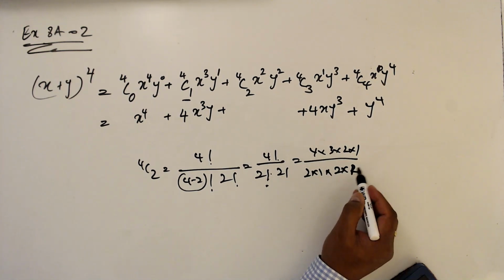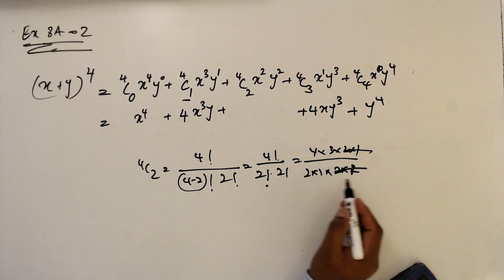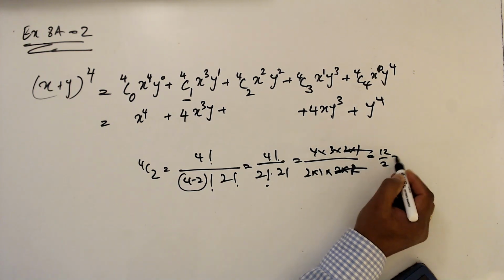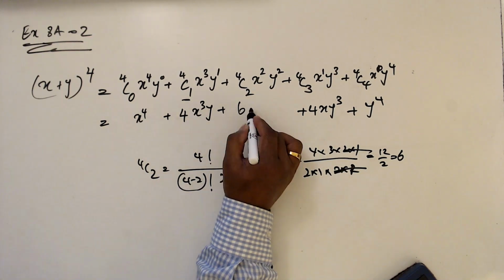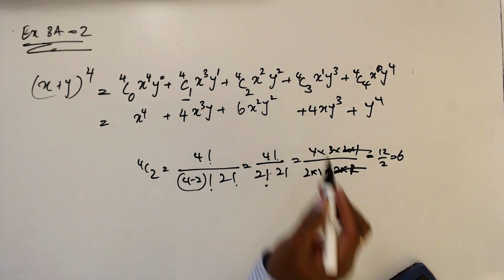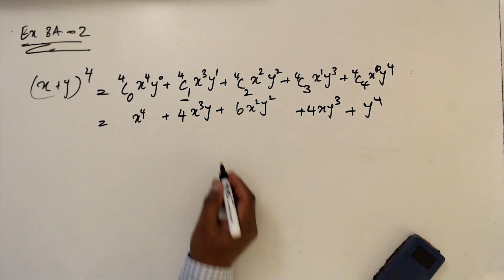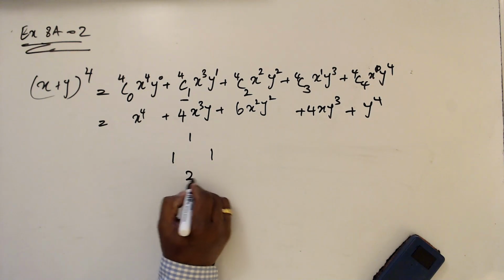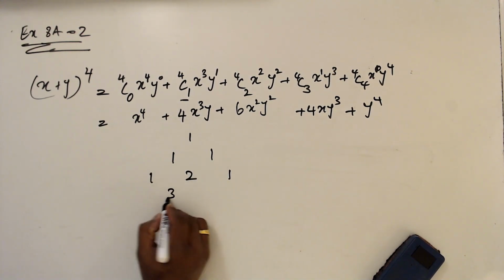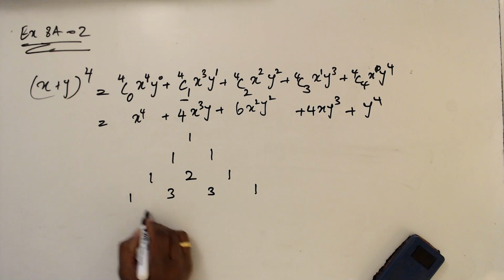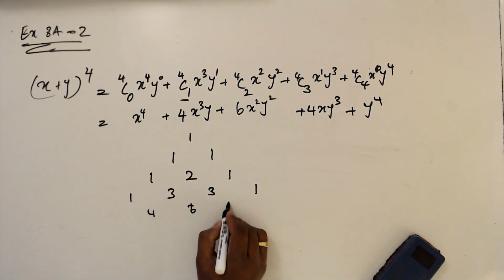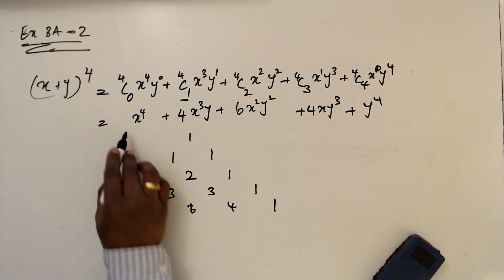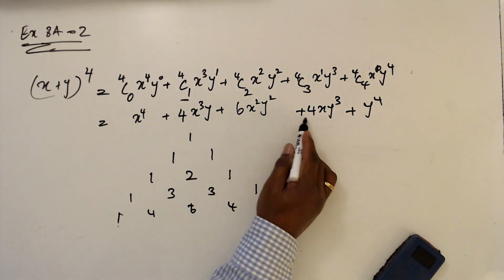So 2 times 1 and 2 times 1 cancel out, then 12 divided by 2 which is 6. 6x^2 y^2. We can check with this, the coefficient is right: 1, 4, 6, 4, 1.